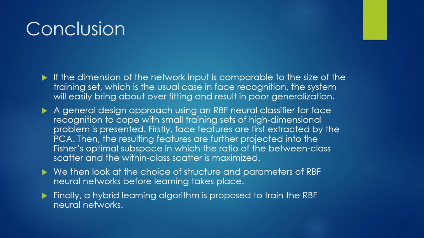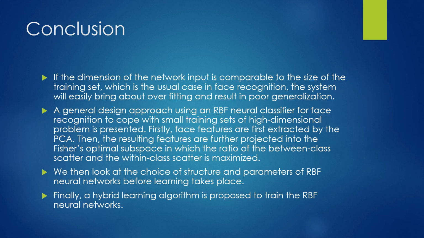We then moved on to choosing the structure of the neural network that we're going to use. We saw what radial basis functions are, we saw what hidden nodes are, and then we moved on to the parameters of the radial basis function, which would be involved in the training phase of the neural network. We saw that we use a hybrid learning algorithm for training the neural network, majorly due to the disadvantage of the gradient descent method, its slow convergence.